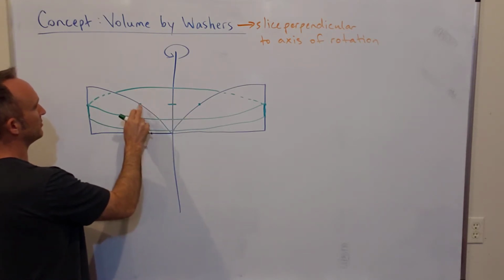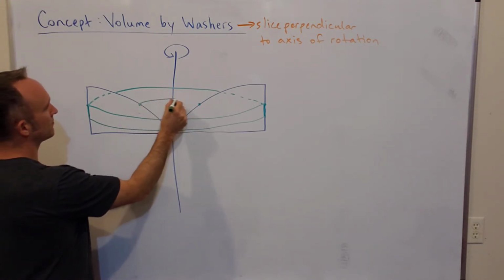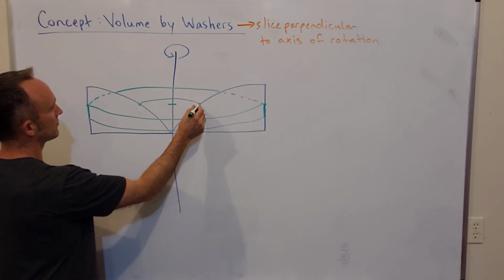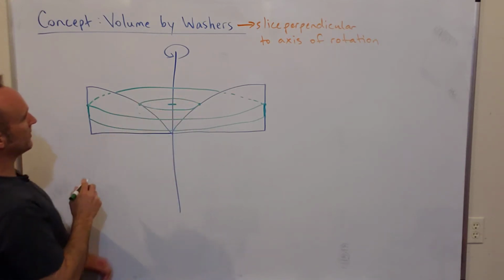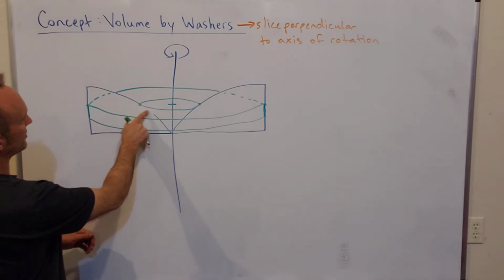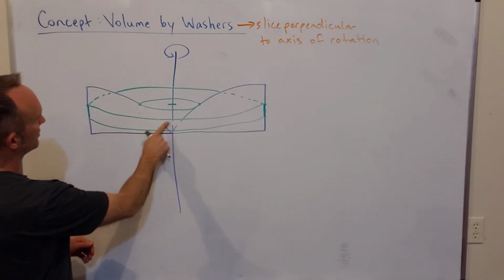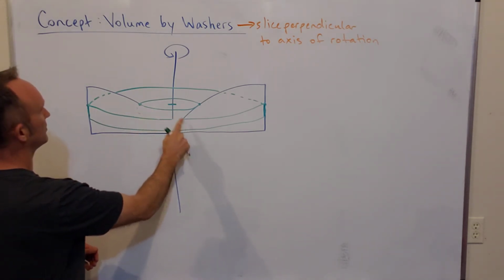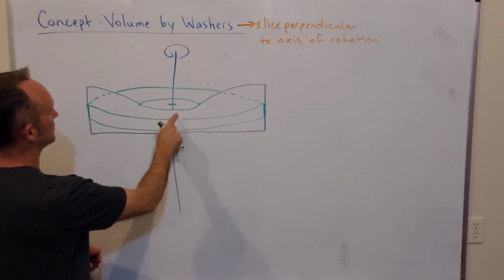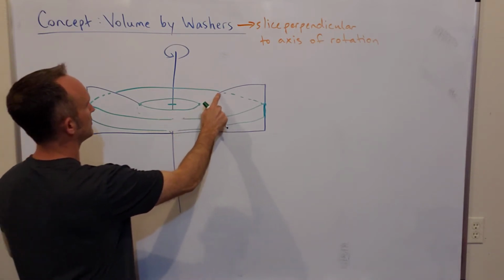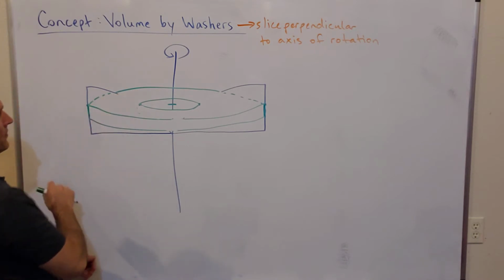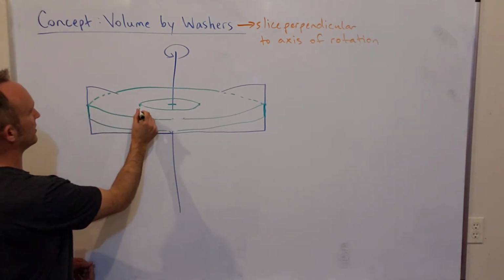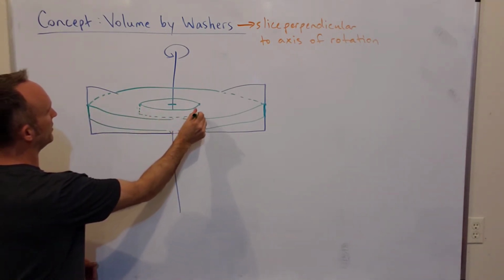In fact, let's do it this way. Right? And so if you can imagine your washer here, it looks something like this, where this is a hole in the middle of the washer.